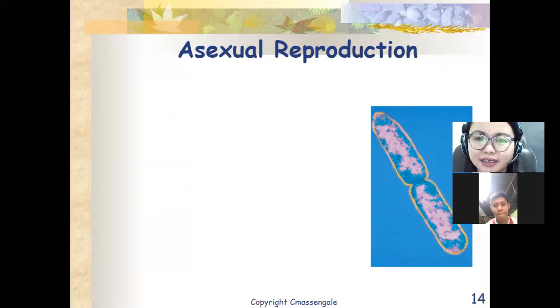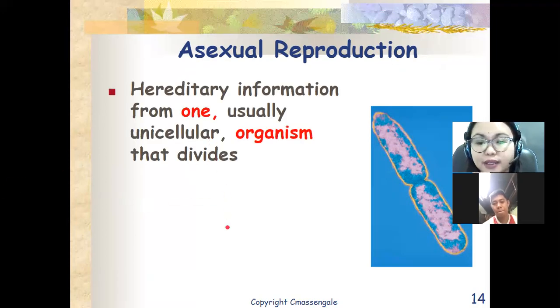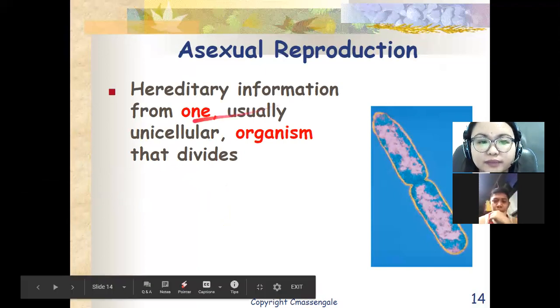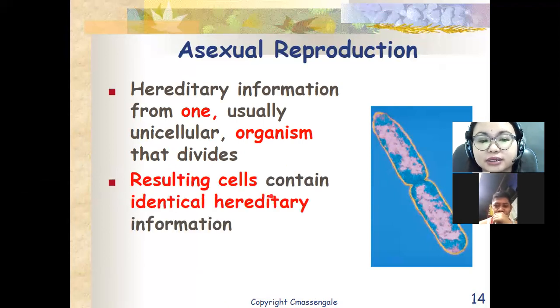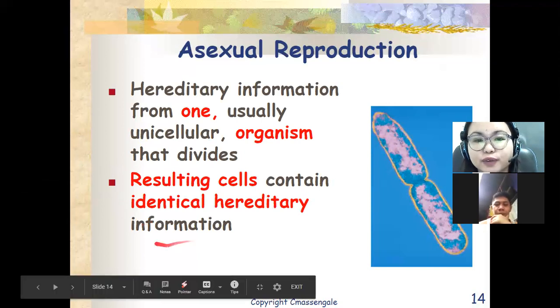It is still done using sperm and egg cells. But for animals it could be possible for the same parent to have asexual reproduction, and for plants it's very possible. Hereditary information comes from one, usually unicellular organism that divides, and the resulting cells contain identical hereditary information.